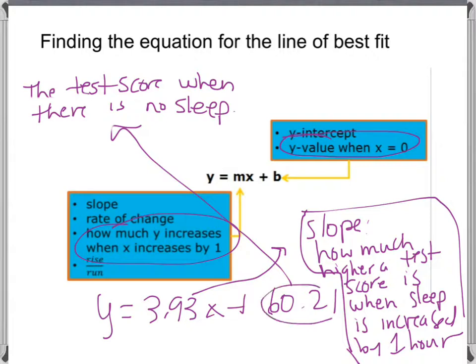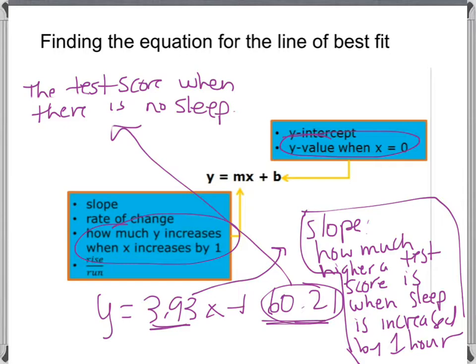Okay, that's what the slope and the y-intercept are. The slope is how much the y increases when the x increases by 1. So I interpreted that in terms of our problem. And the y-intercept is how much there is on the y-axis when there's nothing on the x-axis. For us, it's what the test score would be if there was no sleep.